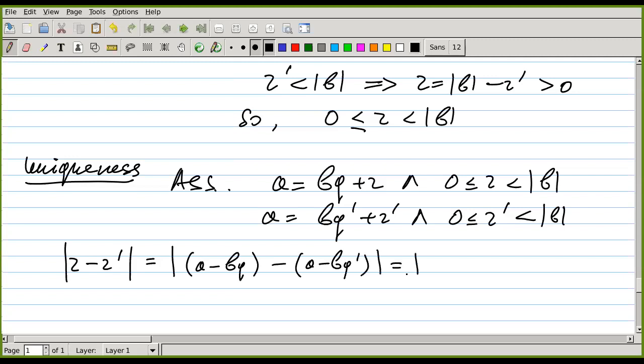So what is it? A is cancelled, so we have something like that. Is it clear? Yes, it is. Do you know that the absolute value of a product is the product of absolute values?